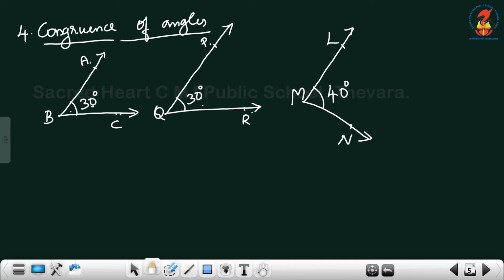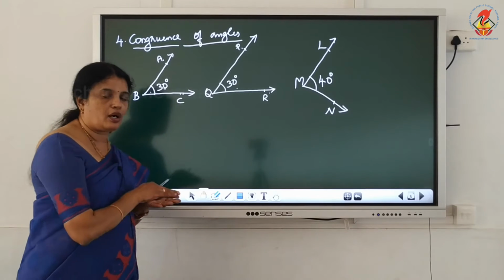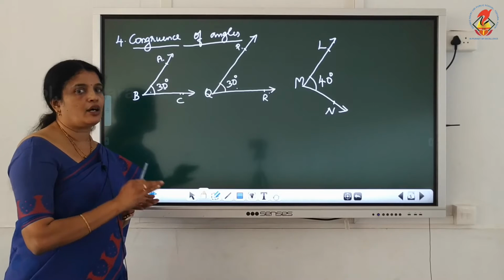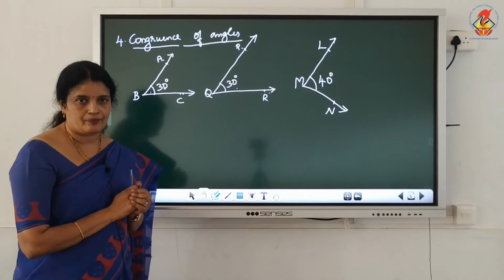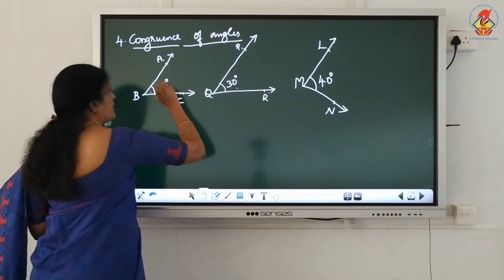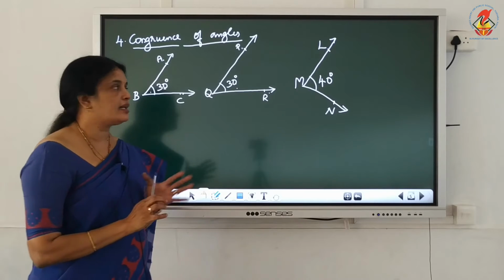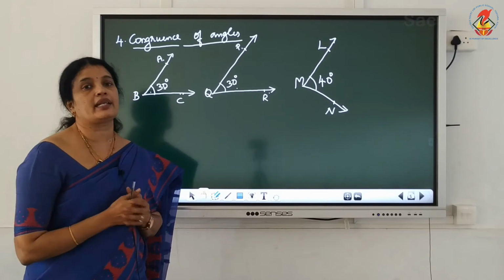Next, congruence of angles. The same thing, the superposition method. Trace a copy of one of the figures and keep it over the other, and see if it covers exactly. Here are angle ABC and angle PQR. In this figure, the length of QP is greater than AB, but don't consider the length.